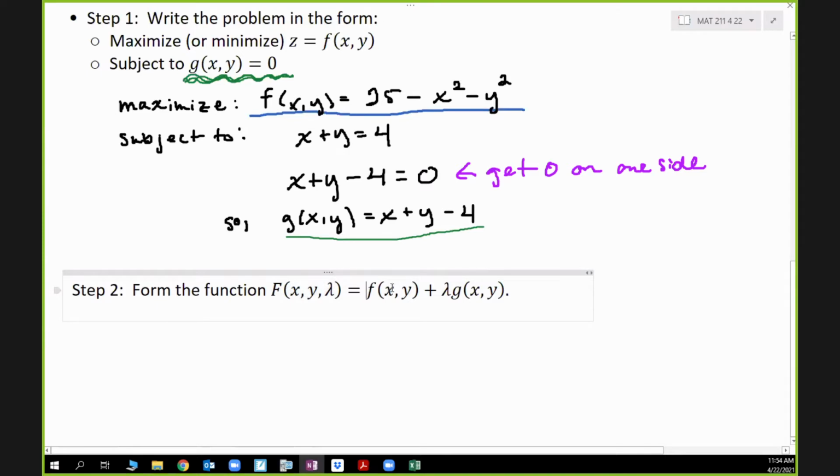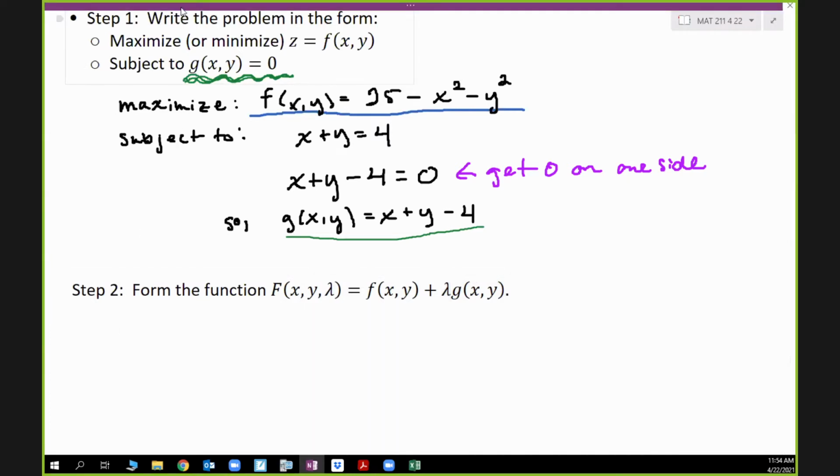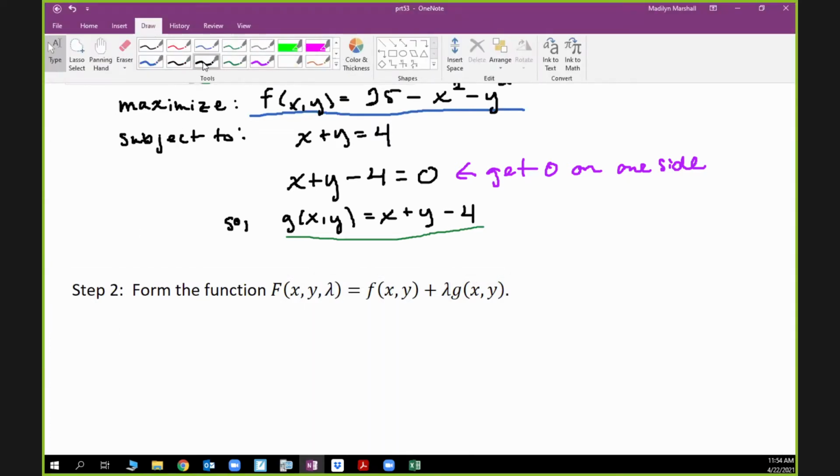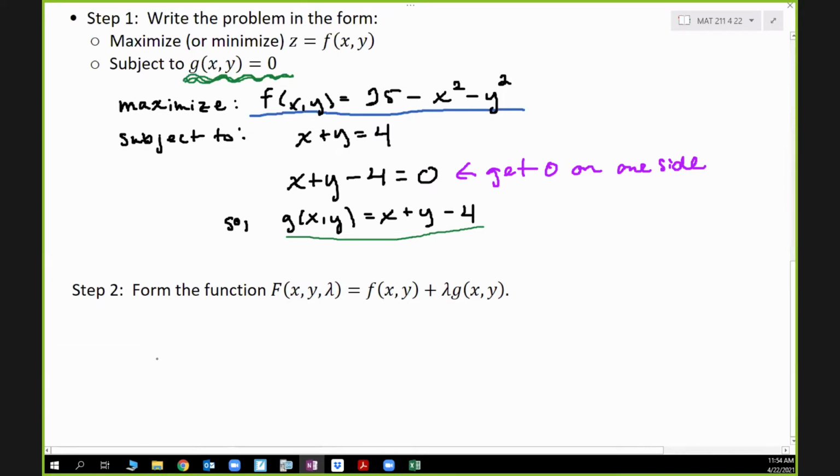And that's formed by adding little f of xy plus lambda times g of xy. So here we have capital F of xy lambda. So we have our little f, which is whatever function we're maximizing. So that's our 25 minus x squared minus y squared.